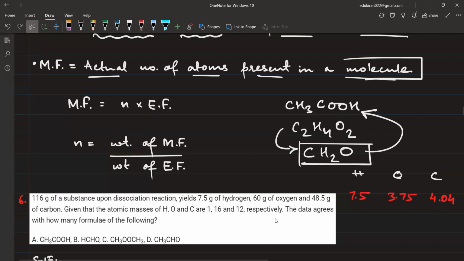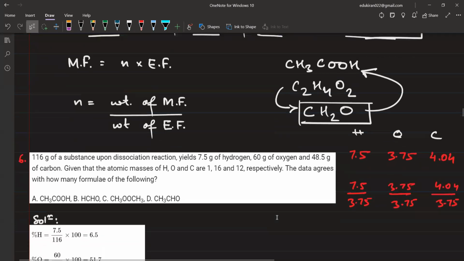Now whatever is the least here, divide everything by it. You have 7.5 upon 3.75, 3.75 upon 3.75, and 4.04 upon 3.75. Okay? So here you will get a value of approximately 2, this will be equal to 1, and this will also be approximately equal to 1.